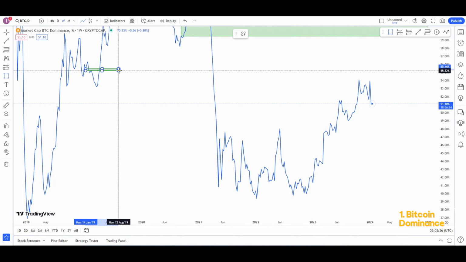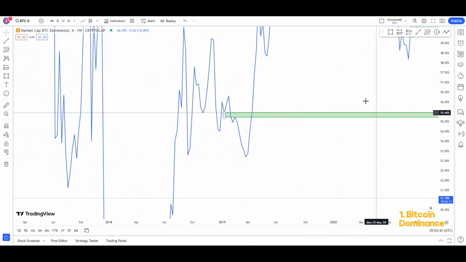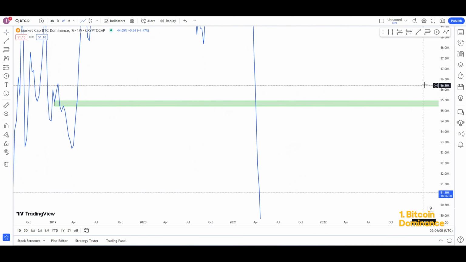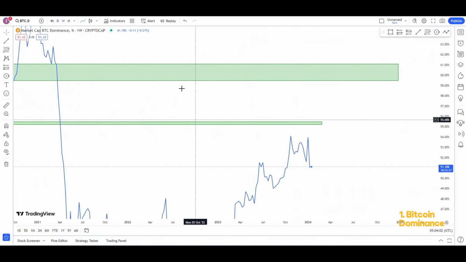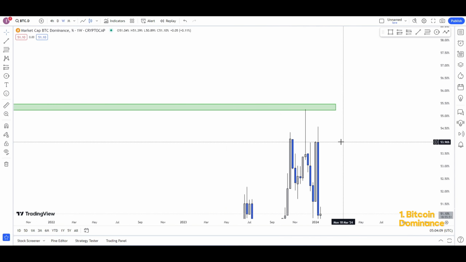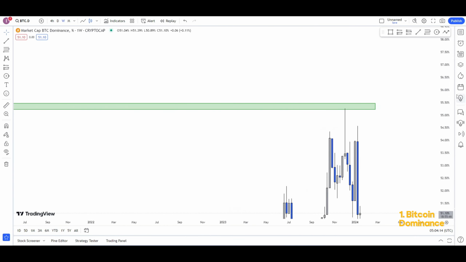As you can see here, there is a weekly base which is made up of a V here and also an A. You see that? Now we draw the base and see what happens. Bitcoin dominance touches the weekly zone right on the point and drops.